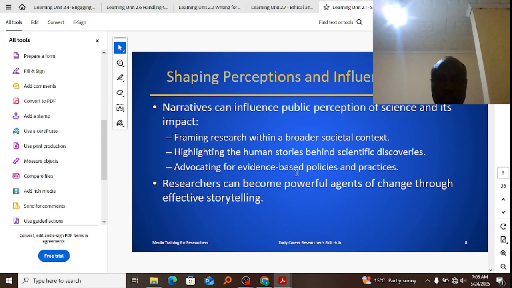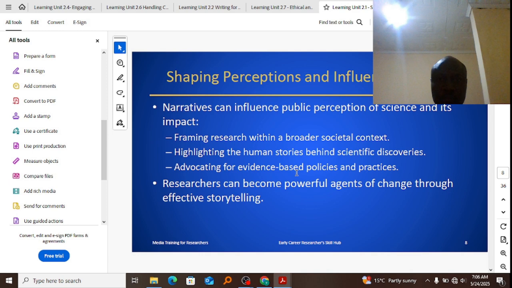This involves framing research within a broader societal context, highlighting the human stories behind scientific discoveries, and advocating for evidence-based policies and practices. So narratives can influence public perception of science through those three aspects that I've mentioned.